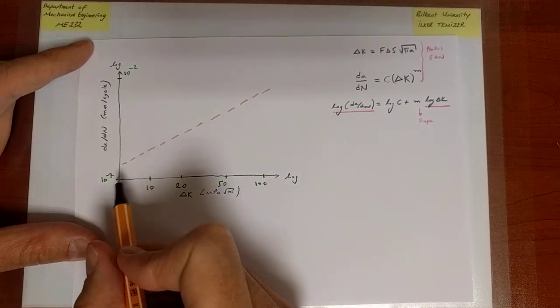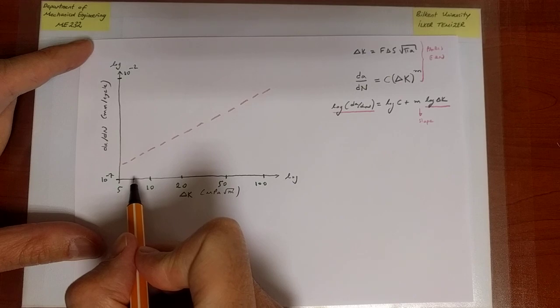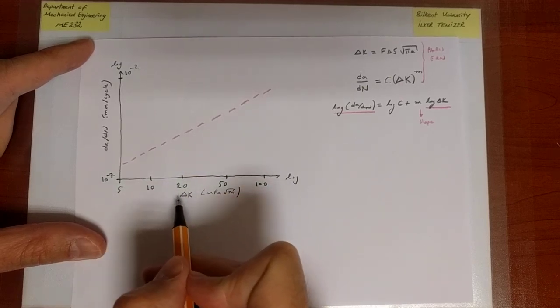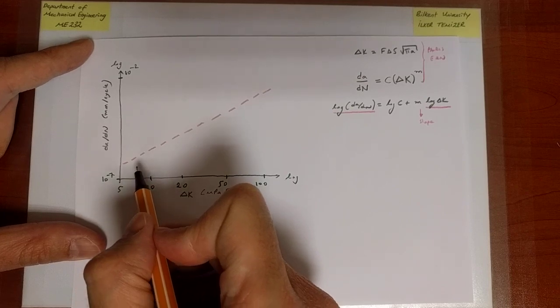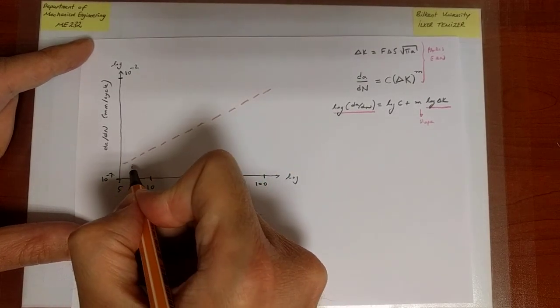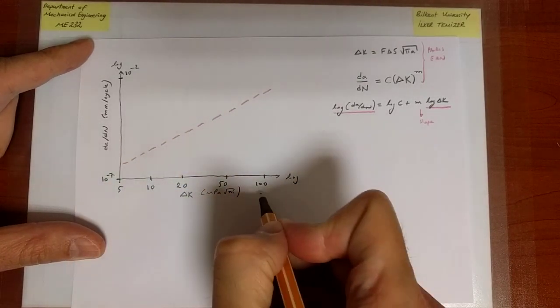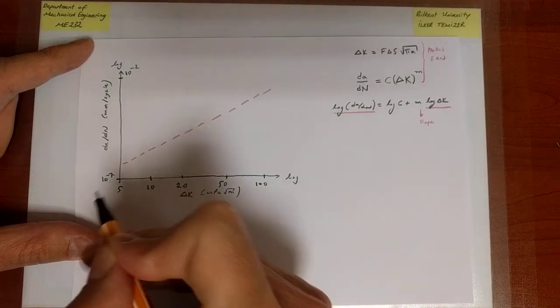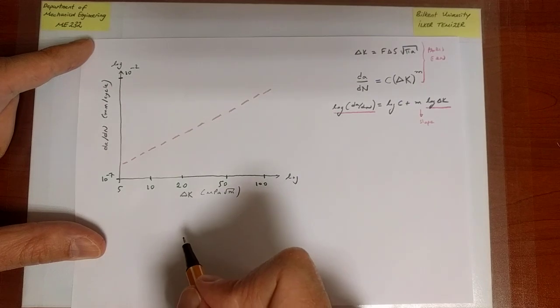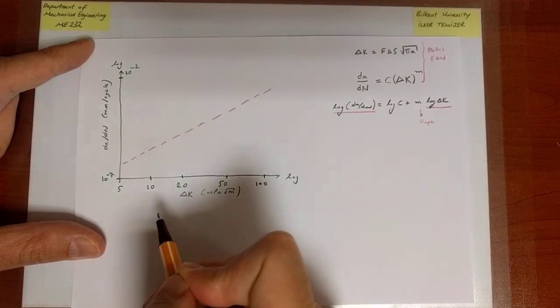We can take many different specimens, impose on them different delta K's and measure the rate at which the crack grows in each specimen. For a given delta K, I can plot the rate of growth of the crack. I can measure it from subsequent values of the crack size, and plot the values here.